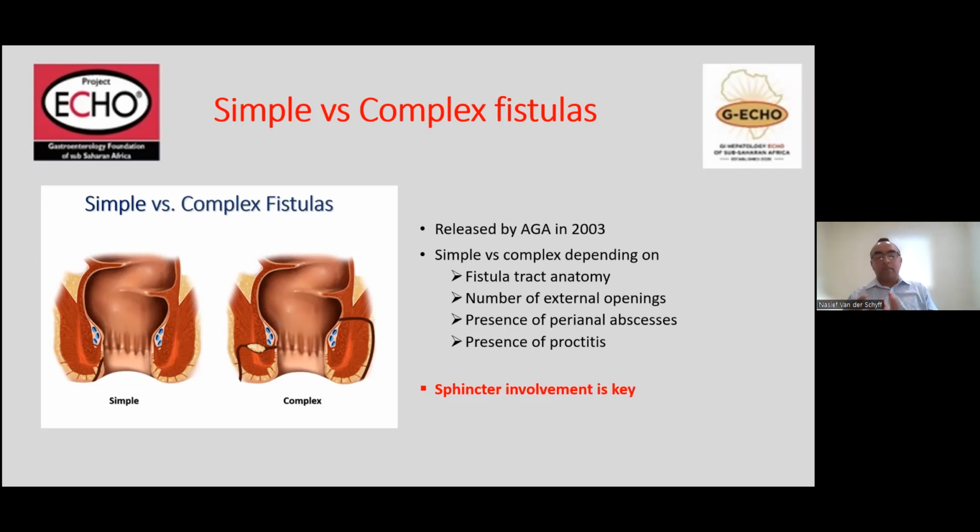The simple fistula is actually very uncommon, and I'll talk of that in the next slide. This classification aims to define the fistula based upon the fistula tract anatomy, the number of external openings, the presence of peri-anal abscess, and the presence of proctitis. And critically, differentiating between simple and complex is if there is sphincter involvement.